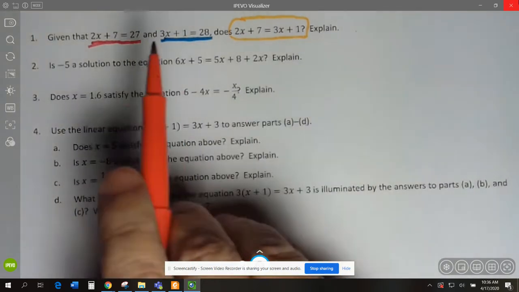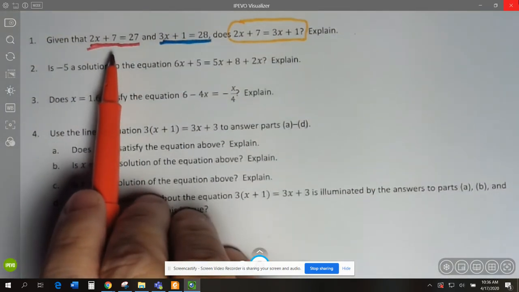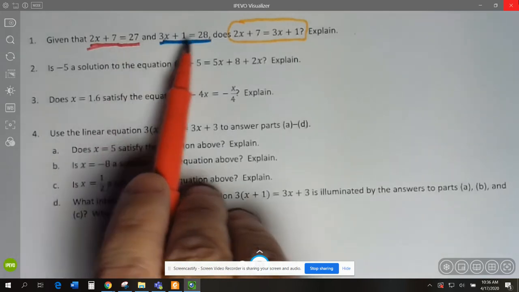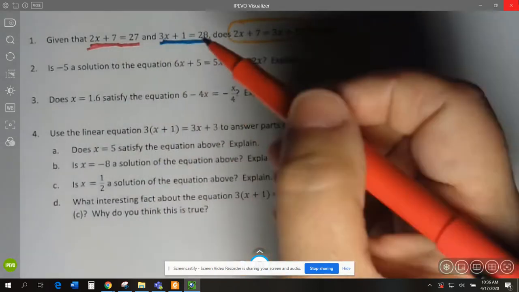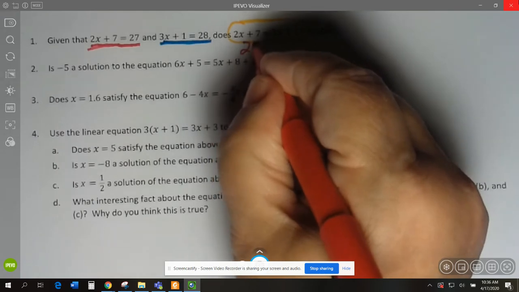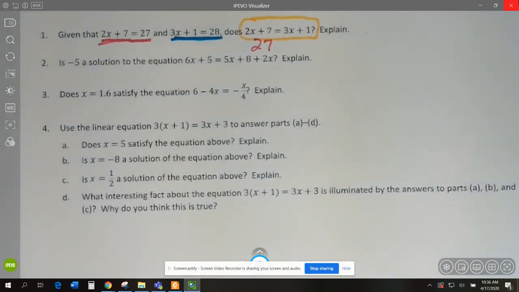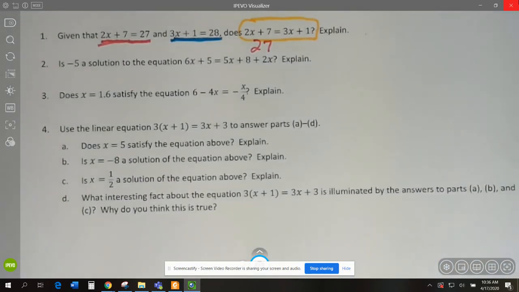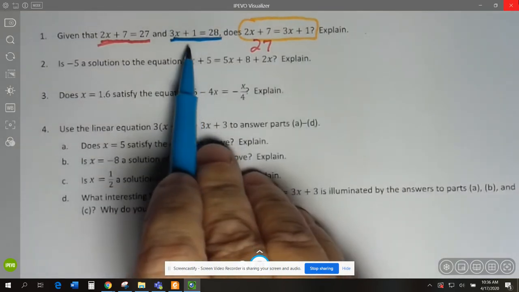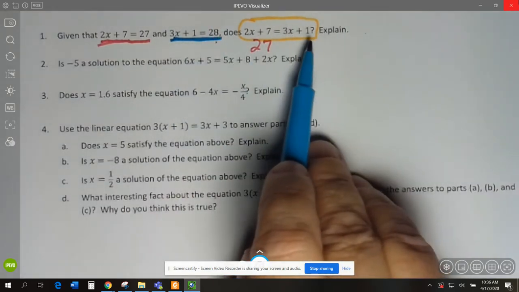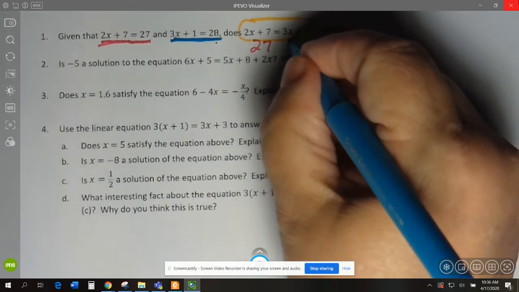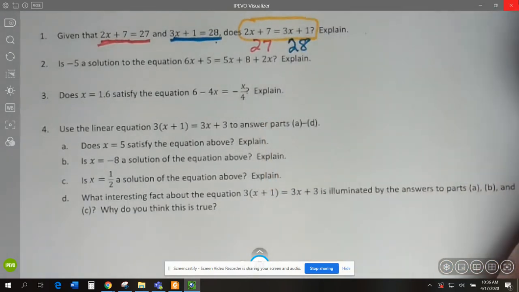Well, looking over here, remember they told us that 2x plus 7 is 27. So this would be 27 here. And they told us that 3x plus 1 is 28. So 3x plus 1 is 28. Are these equal?